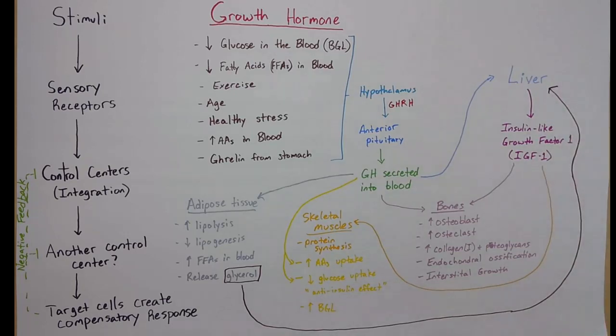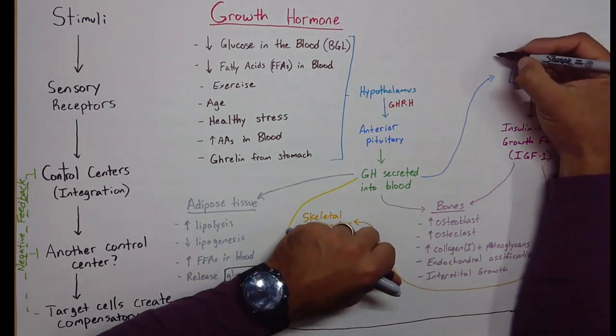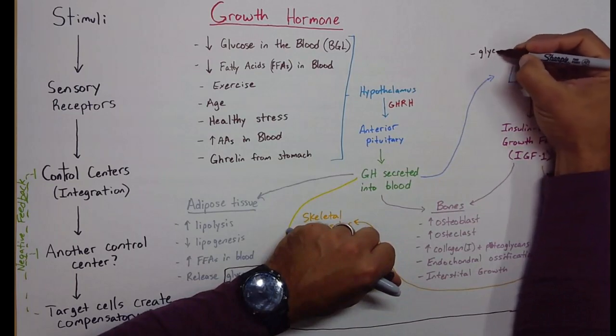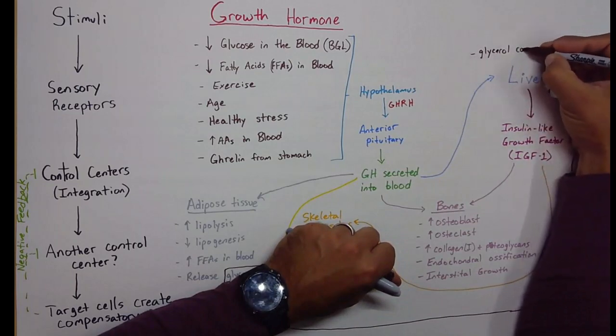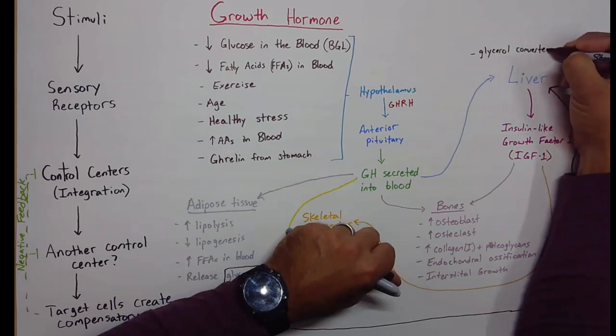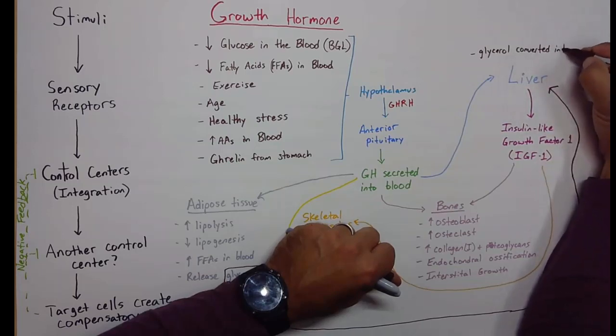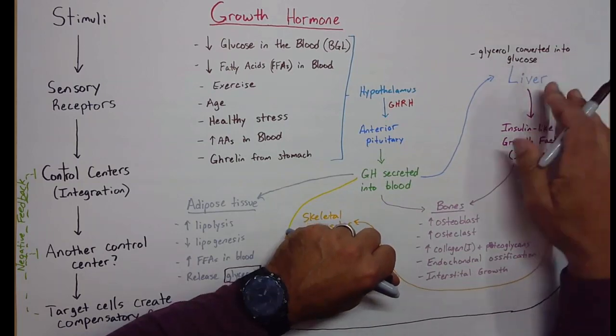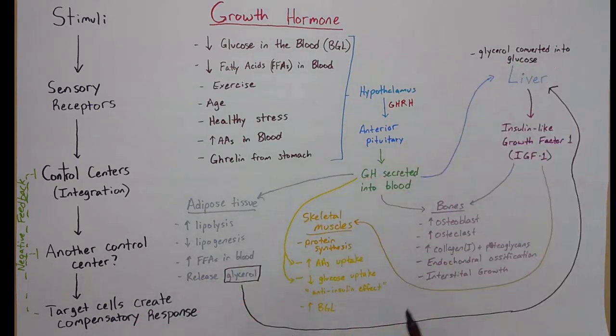Now we're back in the liver. Glycerol enters the liver, and now glycerol is going to get converted. What does it get converted into? Glucose. The liver can biochemically convert glycerol into glucose.